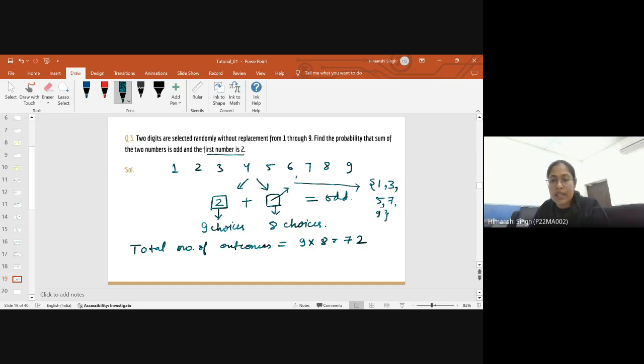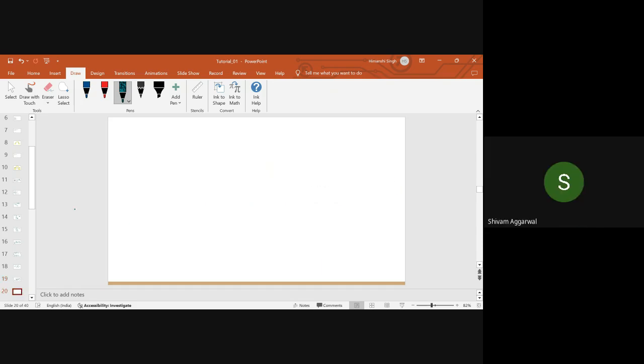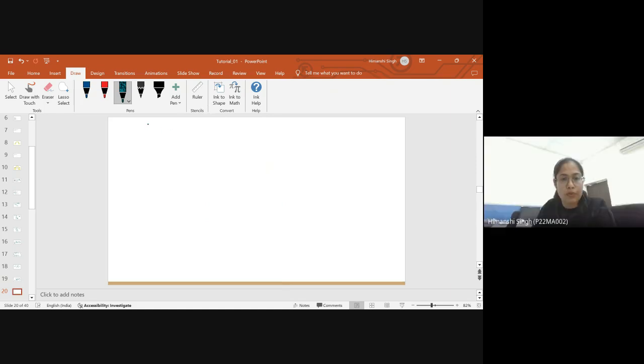So these are the favorable outcomes. Total outcomes are 72, and favorable are 1, 2, 3, 4, 5. So the number of favorable outcomes is equal to 5.